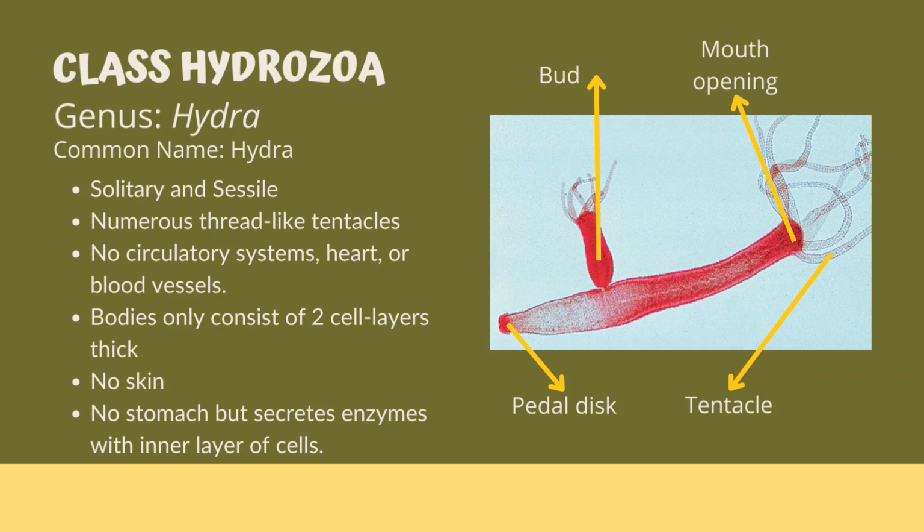They have no skin, but the outer layer of cells protects them. They also do not have a stomach, but they do have an inner layer of cells that secretes enzymes that digest the food. We can see here the bud, mouth opening, pedal disc, and tentacles, which were the parts that we were required to identify in our worksheet exercises.